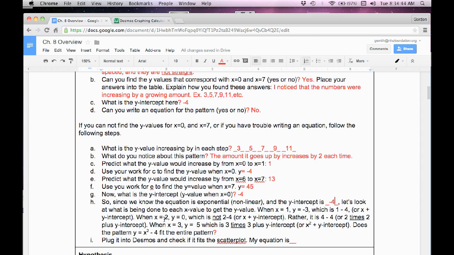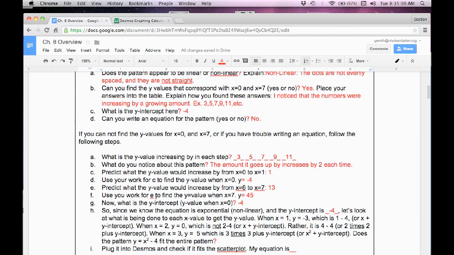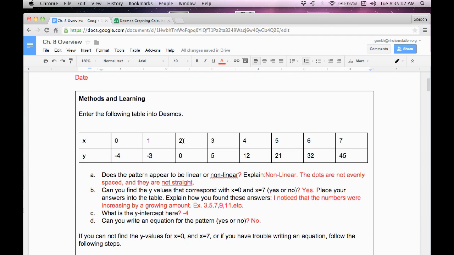Okay, so keep reading. When x is 2, y equals 0, which is not 2 minus 4 or x plus the y-intercept. Rather, it is 4 minus 4, or 2 times 2 plus the y-intercept. In other words, 2 times 2 is 4, and then we add that y-intercept to -4 and we get 0.